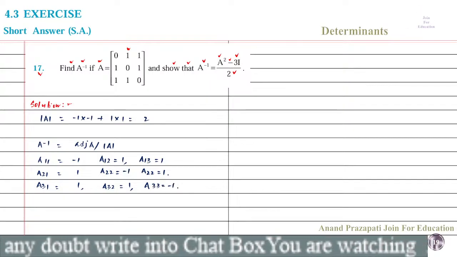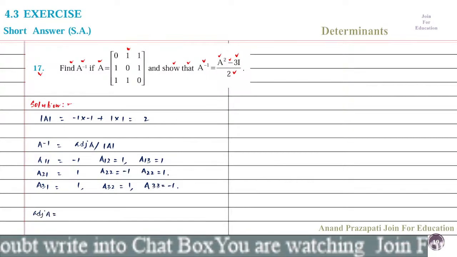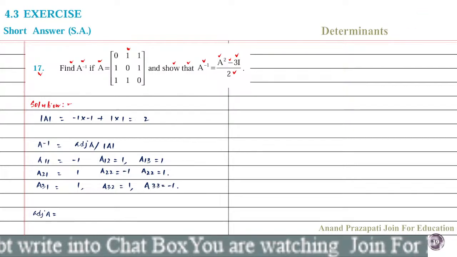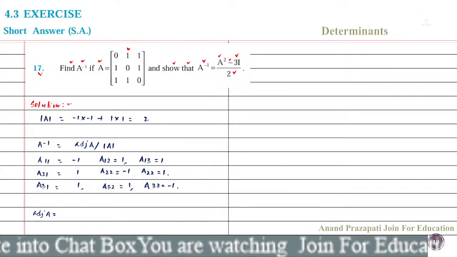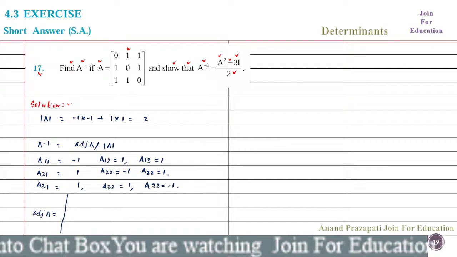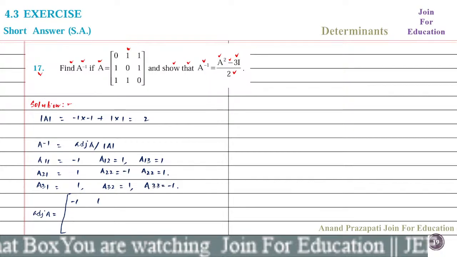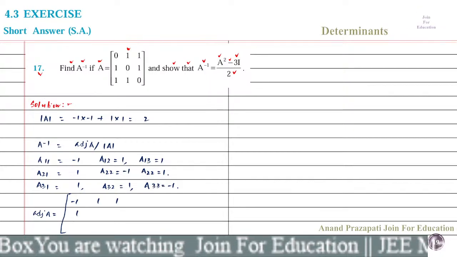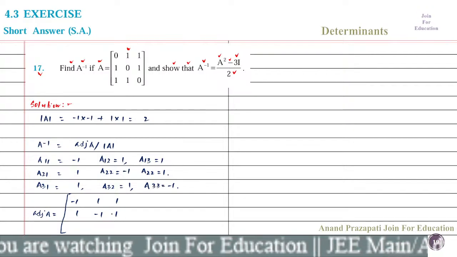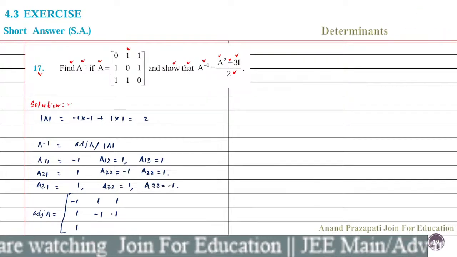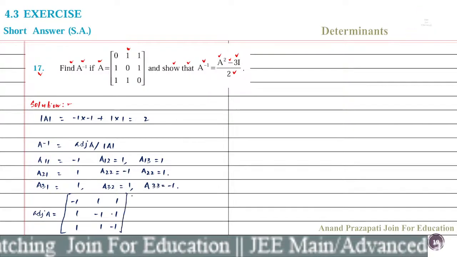So we write down adjoint of A equal to the transpose of cofactors. So here will be adjoint of A equal to -1, 1, 1; 1, -1, 1; 1, 1, -1, and the transpose.